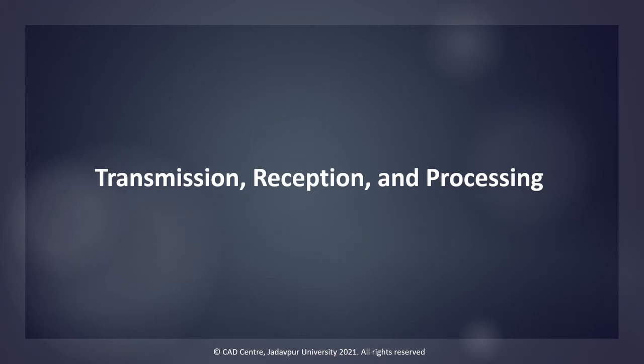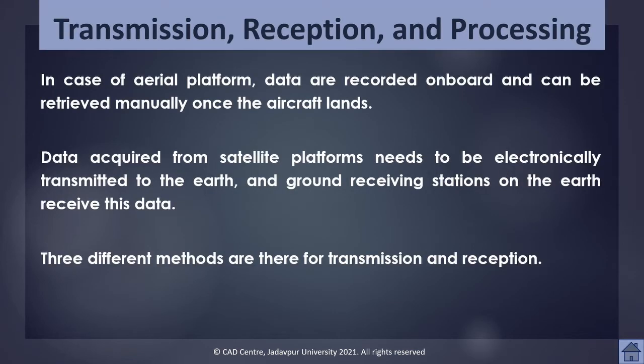Next is transmission, reception, and processing. Remotely sensed data may be collected using onboard aircraft remote sensors or cameras or onboard satellite sensors. Aircraft remote sensing systems may also be referred to as suborbital or airborne or aerial remote sensing.